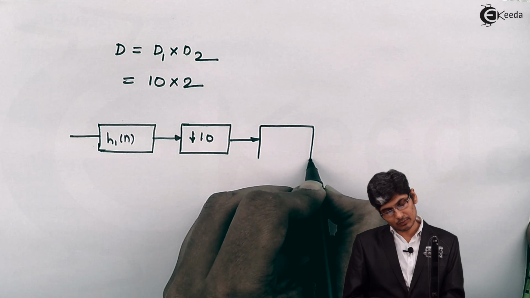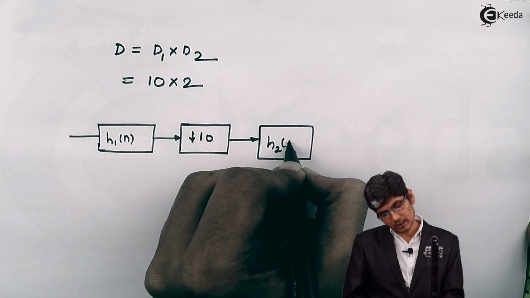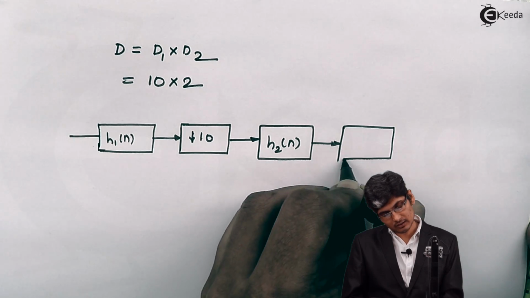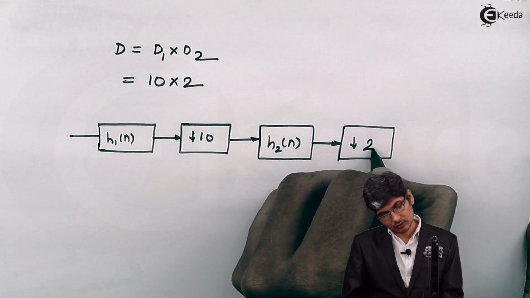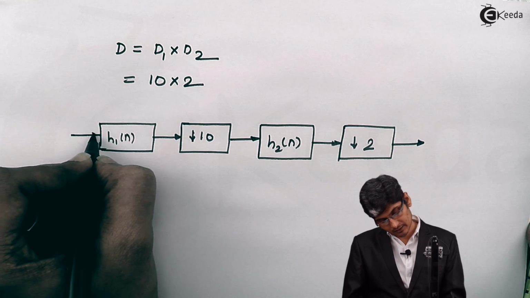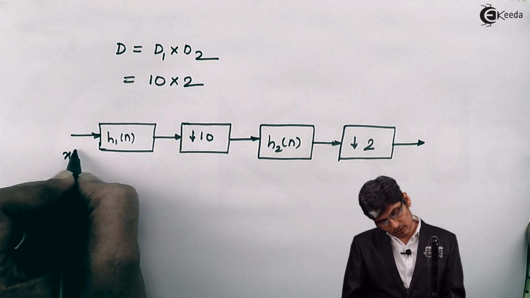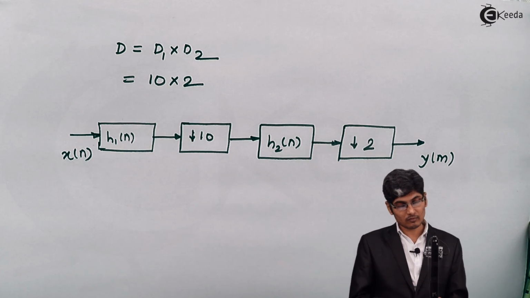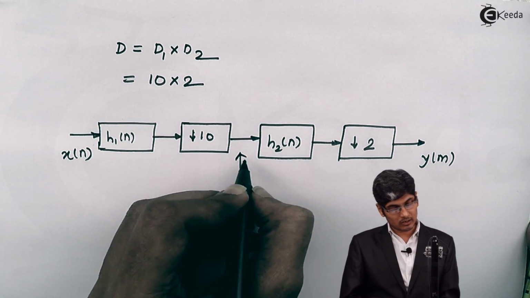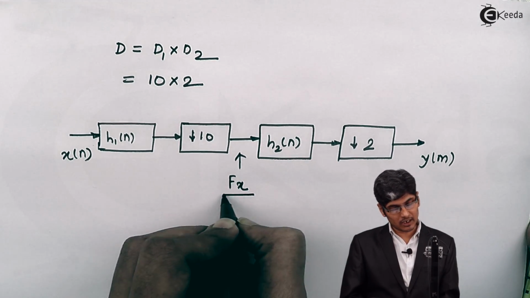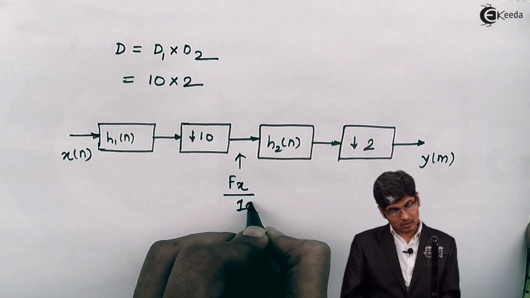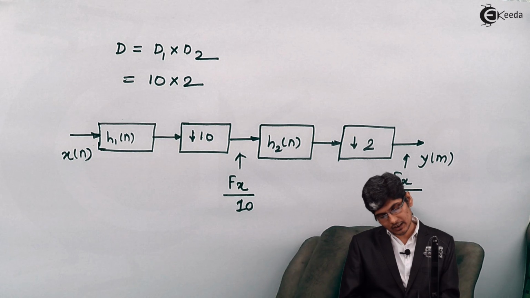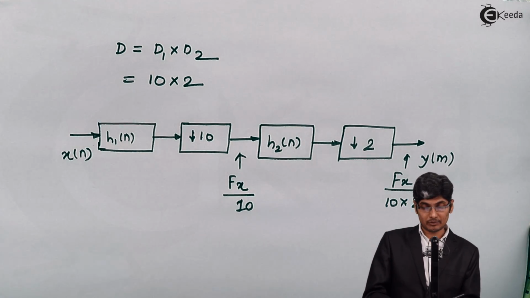Then the output goes to H2(n), followed by a decimation factor of 2. Here the input will be x(n), and here we get y(m). Here the rate will be fx by 10, and here it will be fx by 10 into 2, which is nothing but 20.